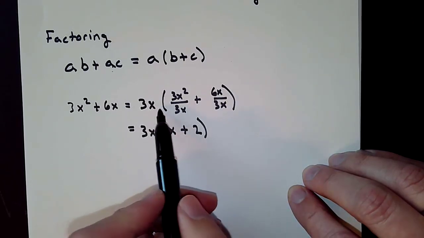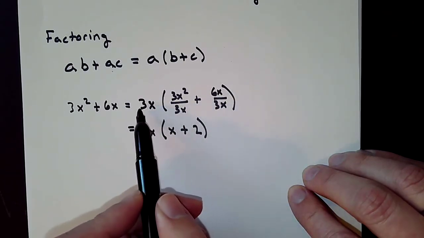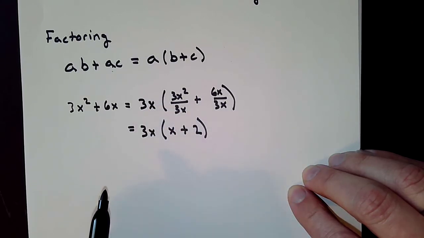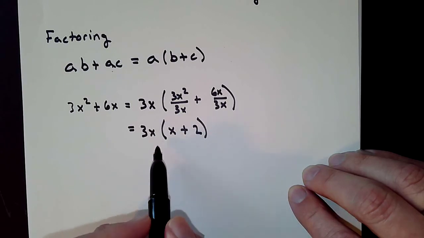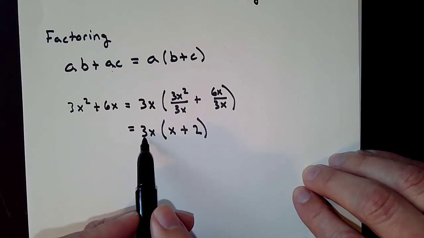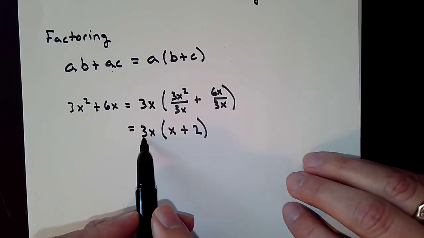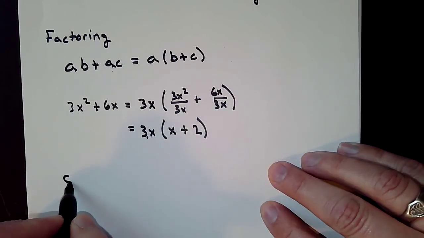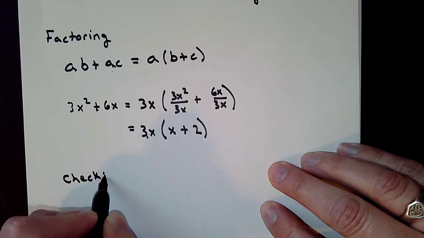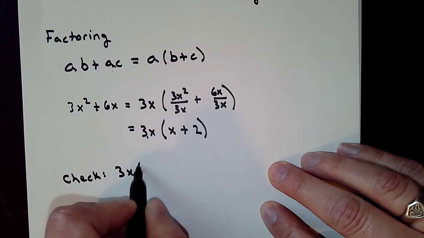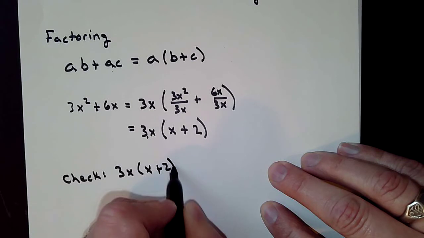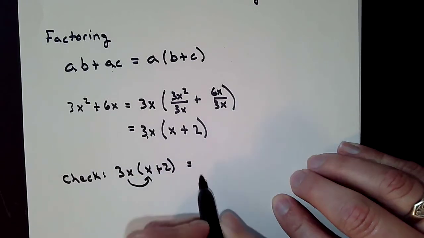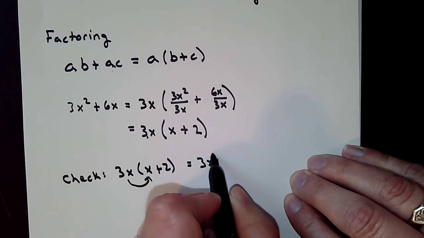Now most people won't write in this middle step unless it's absolutely necessary. Notice that if we were to go the other direction and multiply through, we would take 3x, multiply it by the x, that would give us 3x squared.